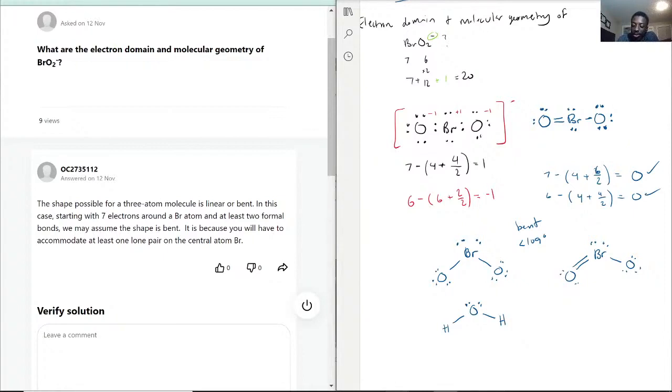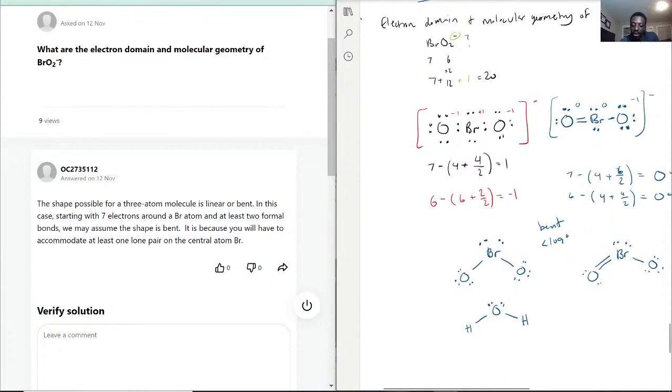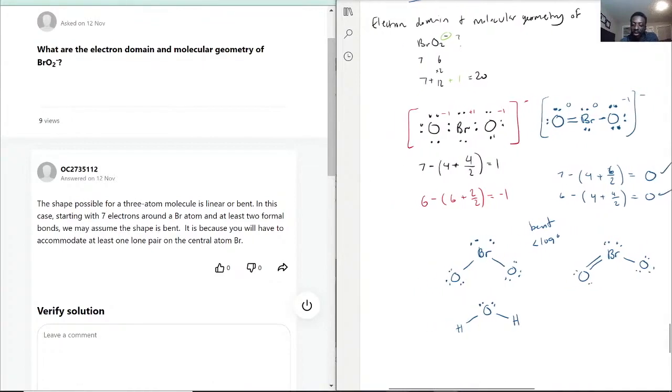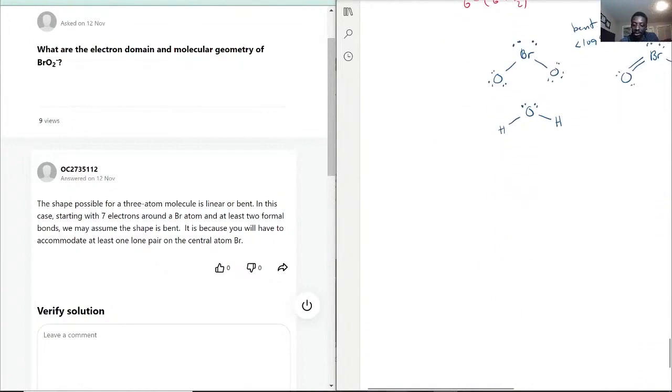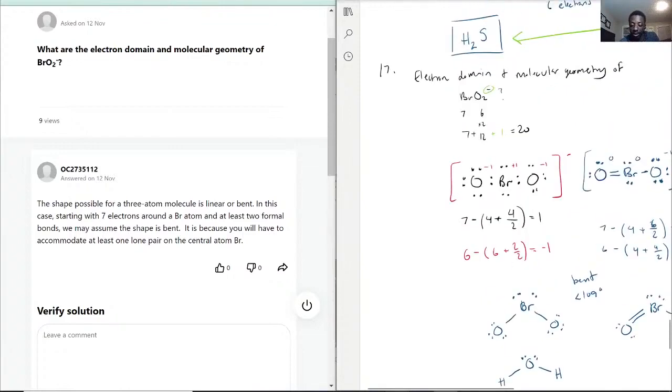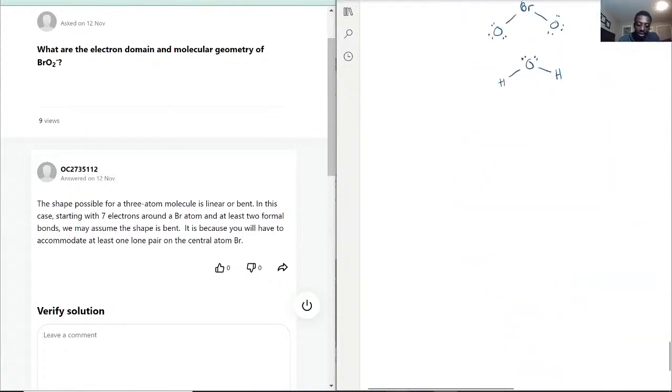I'm not going to just throw it out, because now you have the numbers of 0, 0, minus 1, which is something it may prefer if possible. So I'm going to let you look at this, take a picture of it, and try to find out which stability it prefers. I might have to search that up later, because I'm quite curious about how this BrO2 would work in nature. Let's move on to question 18 then.